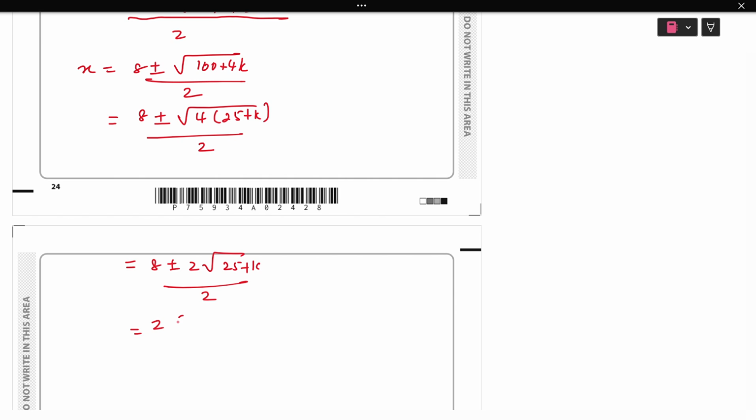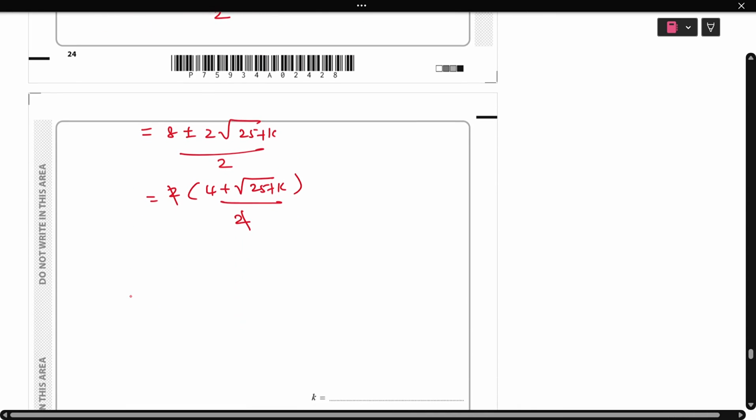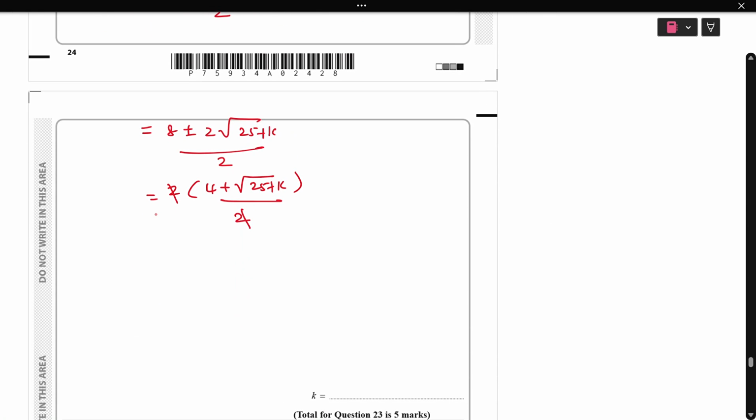I'll bring 2 out, which is 4 plus or minus square root of 25 plus k over 2. This 2 got cancelled. So final answer: x equal to 4 plus or minus square root of 25 plus k. Okay, this is the final answer.